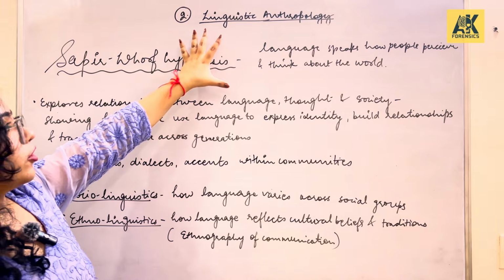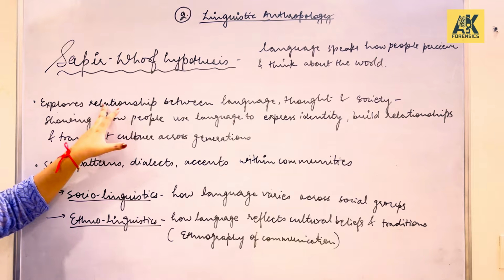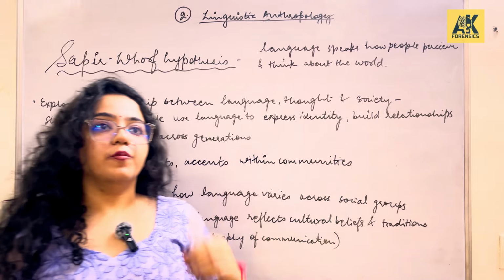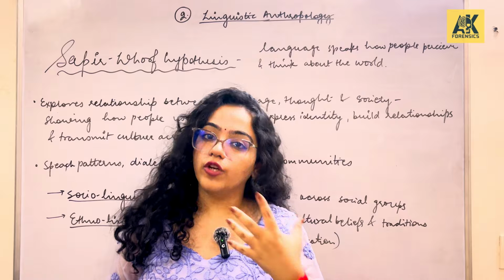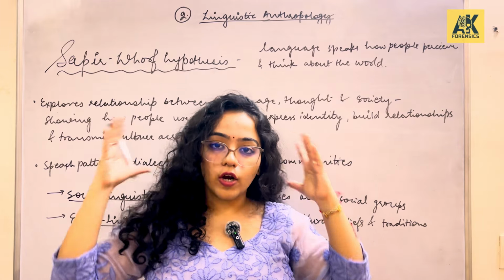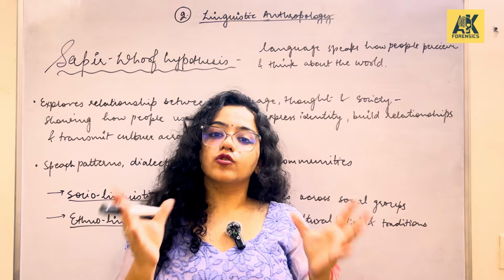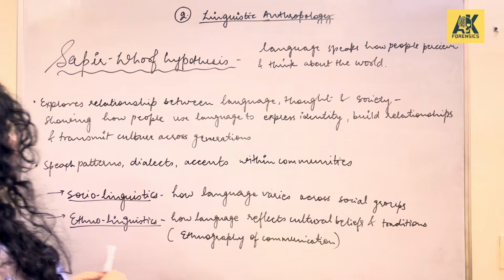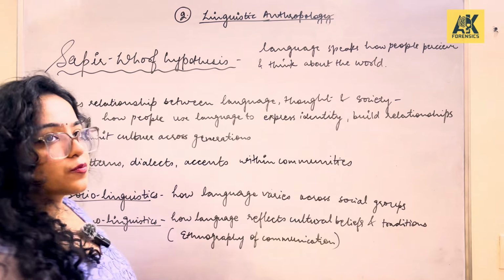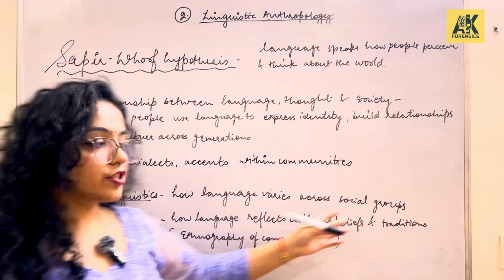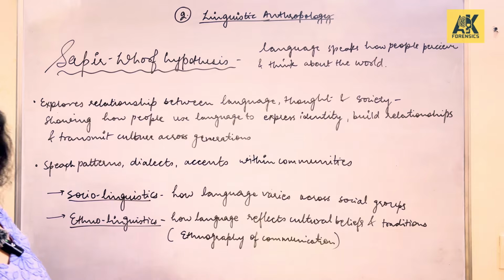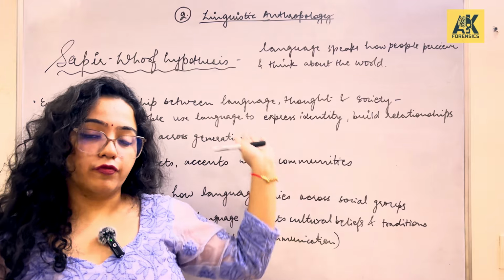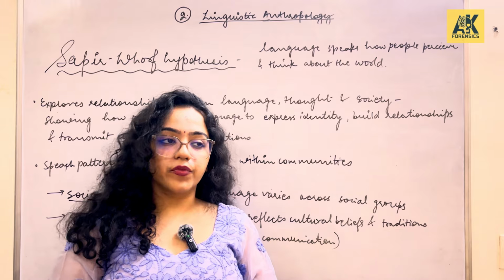So in linguistic anthropology, it explores the relationship between language, thought and society. How you are speaking, what your mode of communication is, what your thought process behind it is, right? And which social setting you belong to, which social setting you grew up in, right? Showing how people use language to express their identity, how they build relationships, transmit culture across generations. So it's not just about you, it's about the generation before you and the generation that will be coming after you, right.